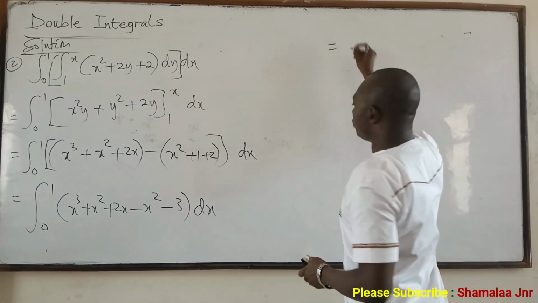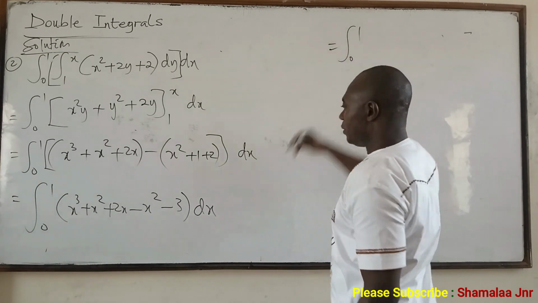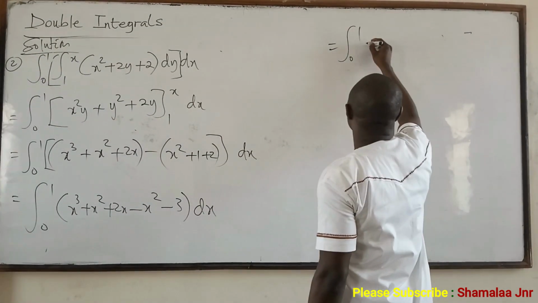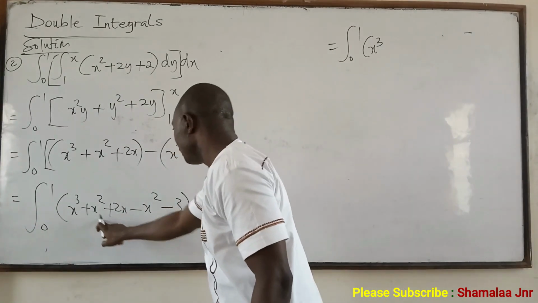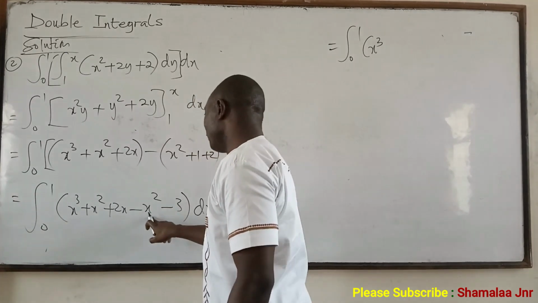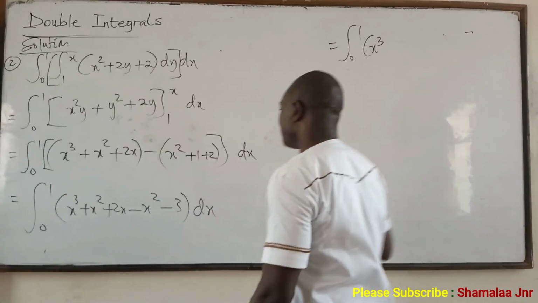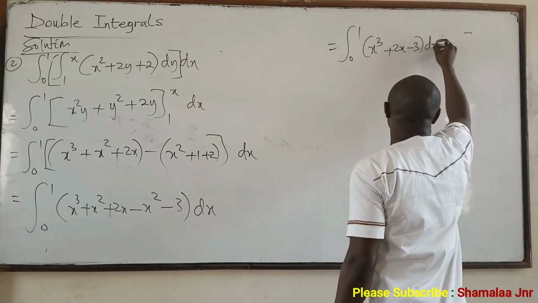And this is equal to the integral from 0 to 1 of x cubed. Now positive x squared will cancel negative x squared, so these two will go. So we have plus 2x minus 3 dx.